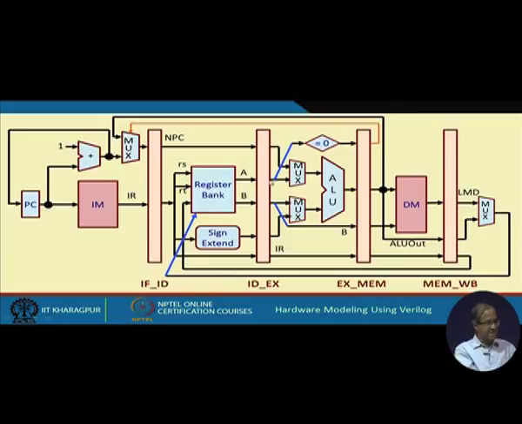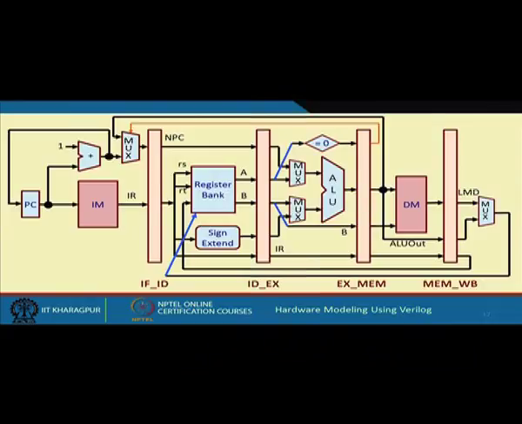For EX this A is selected, B is selected, they are added, and the result will be stored in ALU out. For memory it does nothing, ALU out is simply forwarded, and for WB this ALU out will be written back into the register bank, and this IR will contain which register number. So, you see this is the simple data path that we have shown.